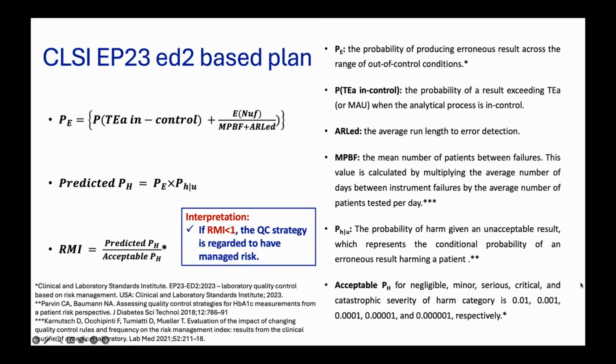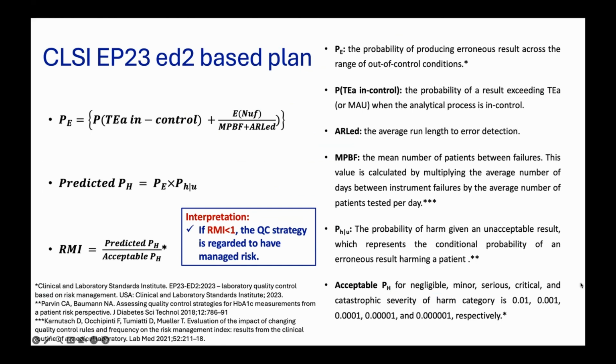Max INUF serves as a surrogate metric for patient risk. The probability and severity of harm associated with an erroneous result for that specific test in relation to a patient should also be considered. The recent CLSI EP23 document assists laboratory professionals in assessing their QC strategy in terms of the probability of potential harm resulting from an erroneous test result.